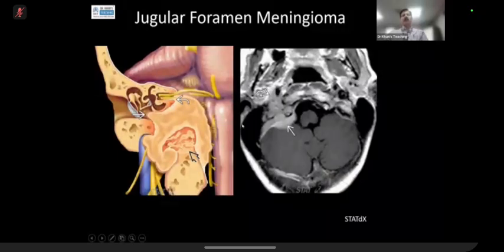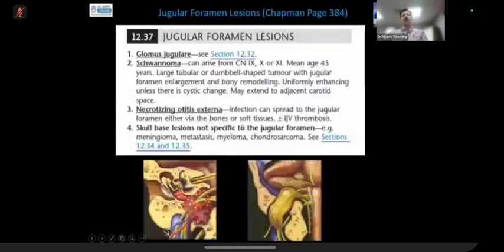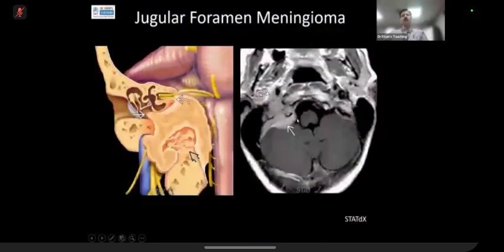So in the differential diagnosis in your book, you see here, skull-based lesion not specific to jugular. For example, meningioma is there. Just to make a point, this is an example from STAT-DX. You can see this dural enhancement with this expansion here. These kinds of cases will cause a lot of sclerosis.